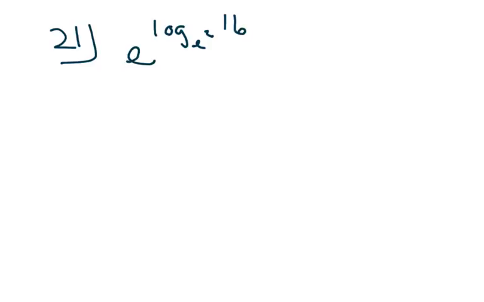So what I'm going to do on this 21 is I'm going to let a, just because this is scary to me, a equal log base e squared of 16.